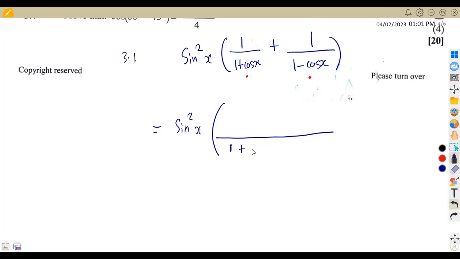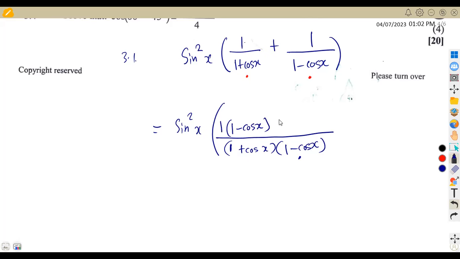So this is going to be 1 plus the cos of x into 1 minus the cos of x, like this.